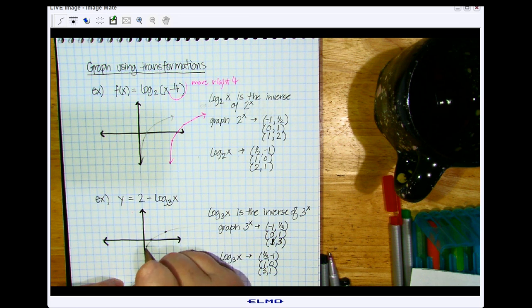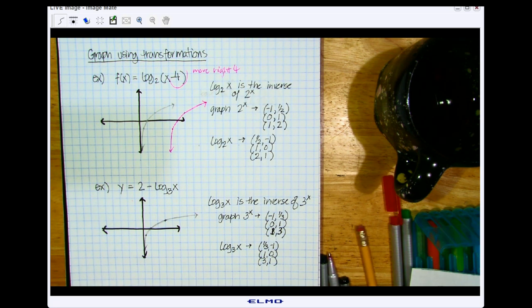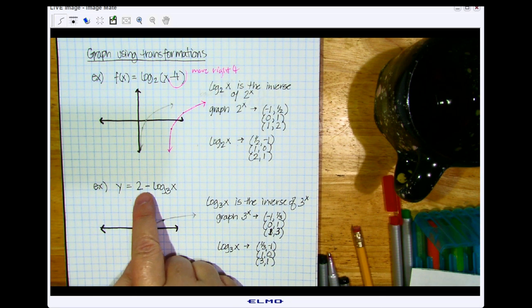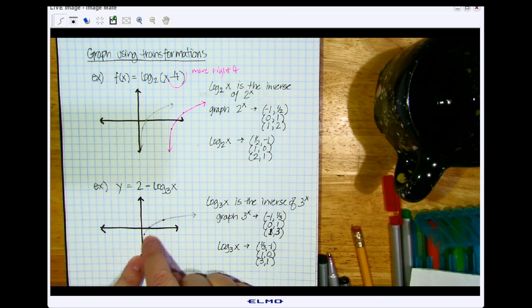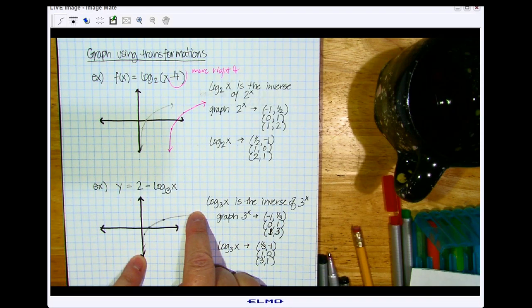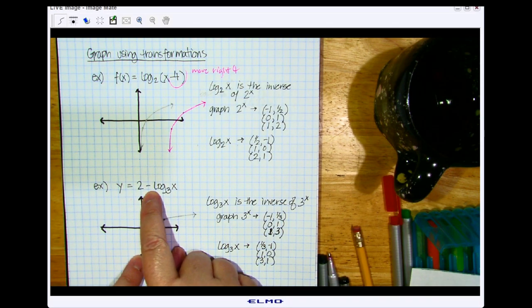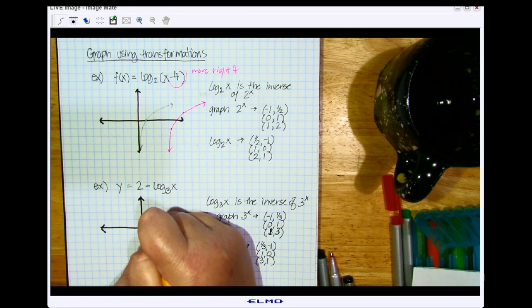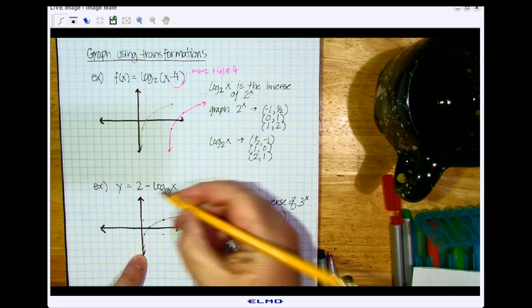And you can see what this base function is going to look like. Okay, now, using our transformations, what is that negative going to do to my log base 3 of x? That's going to reflect it over the x-axis, meaning my new points would be there, there, and there.